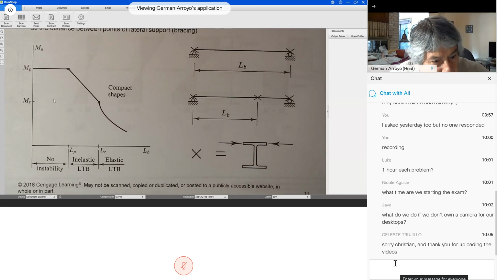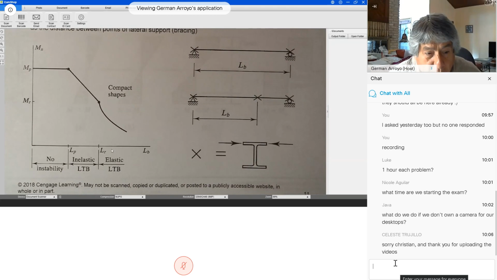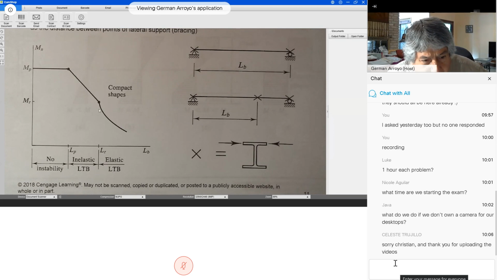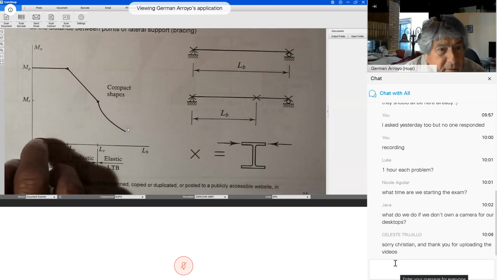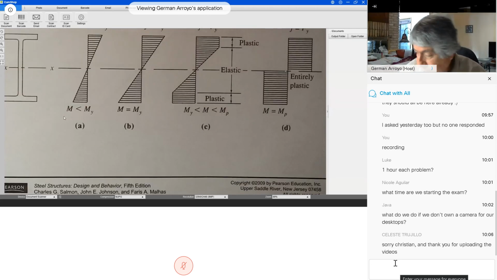In here, between L sub P and L sub R, I'm going to show you later how to compute L sub P and L sub R. There is a linear relationship. This is partially plastic, partially elastic. Whenever we have a really large unbraced length, the behavior is going to be elastic. And here we have, instead of a straight line, a parabola. So in this diagram, this is the condition shown in there.